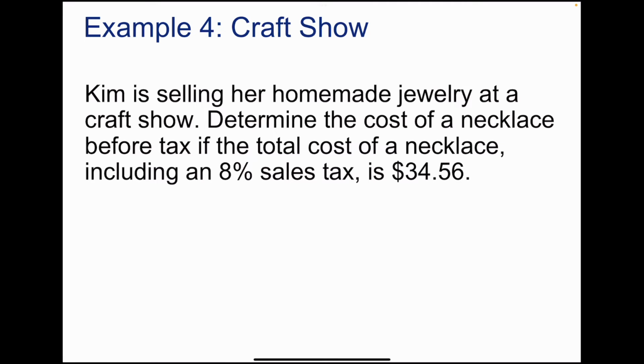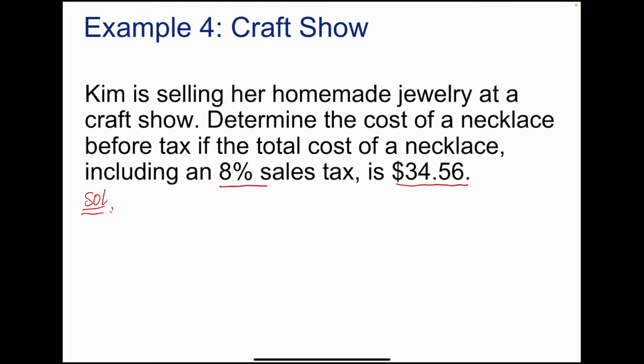Determine the cost of a necklace before tax if the total cost of a necklace, including an 8% sales tax, is 34.56. Okay, so again, let's figure out what it's talking about here. We know the total cost, including the tax, is 34.56, right?